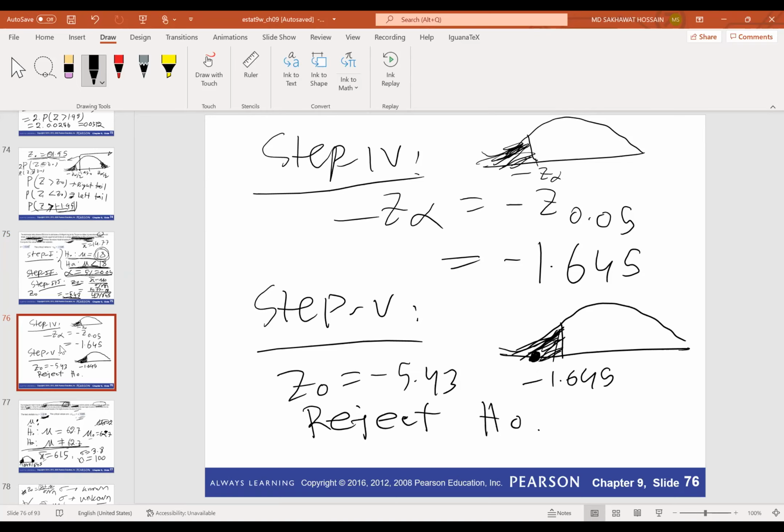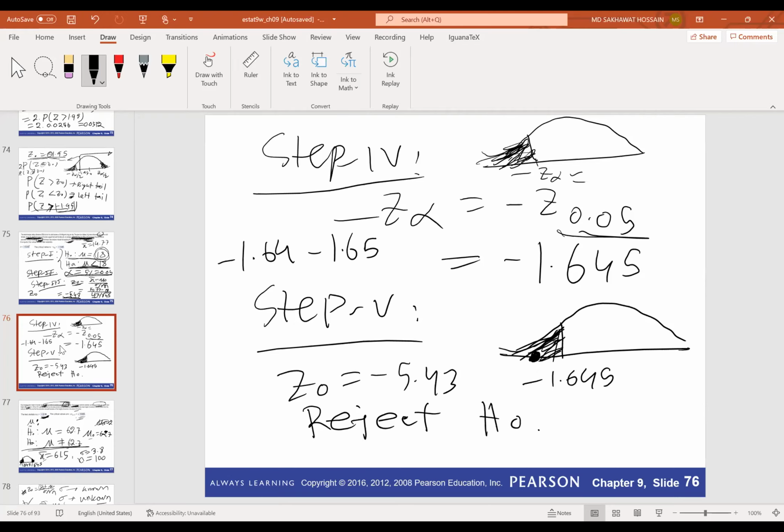And here alpha is 5%. So negative z alpha: you will find z alpha from the z table. If you look at the z table, for an area of 0.05, the area is between the z scores negative 1.64 and negative 1.65.